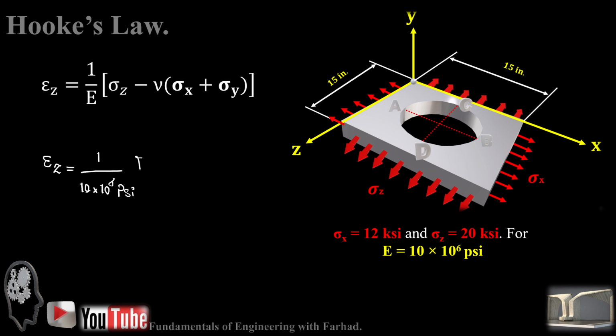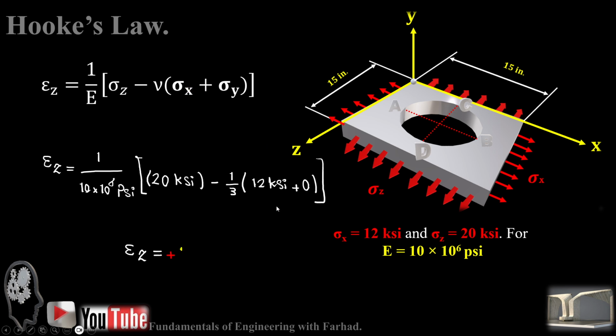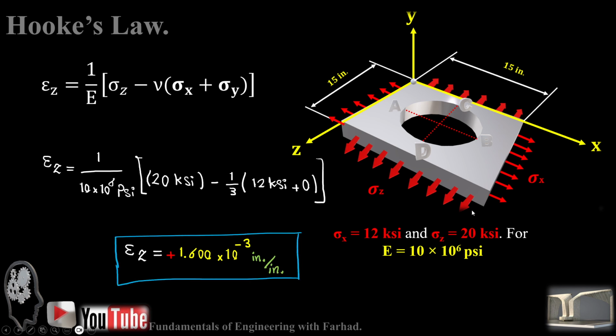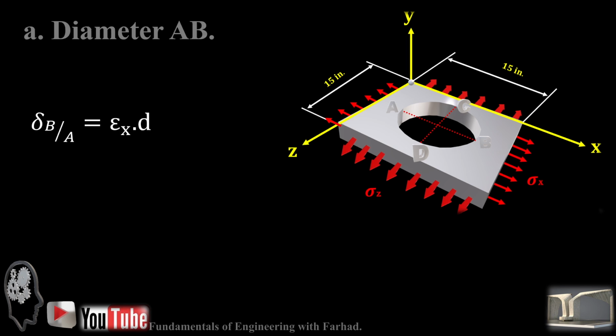Likewise, do the math for epsilon z, replace sigma y as 0 and sigma x here, and it gives us the numeric value of a positive 1.6 times 10 to the negative 3 inches per inch. Now we have all three strains in 3D space.